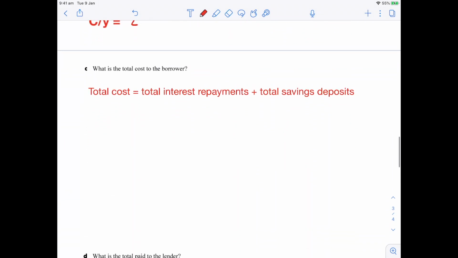So then it says, what is the total cost to the borrower? So it's the total amount of interest repayments. They made 10 repayments in total of $1,620 plus the total savings deposits.